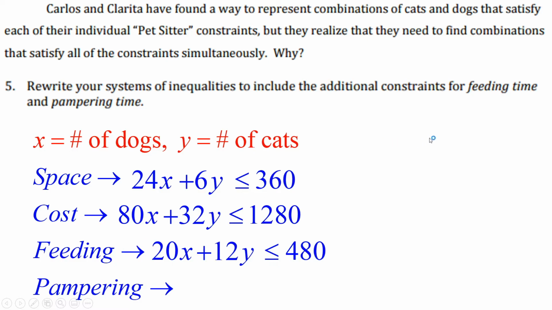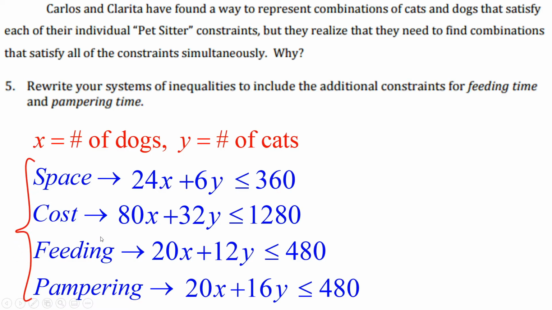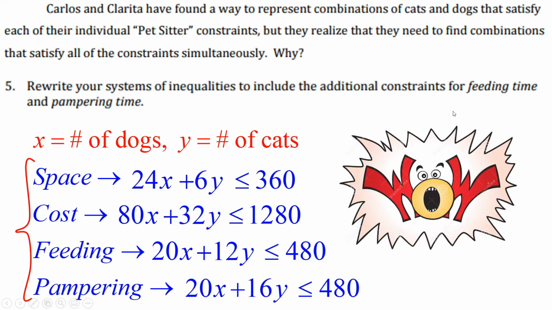And our pampering time constraint is 20x plus 16y is less than or equal to 480. Now this is a system. So all of these constraints we need to use to figure out how many dogs and cats that Carlos and Clarita can board. Wow. All right, but we can handle this.